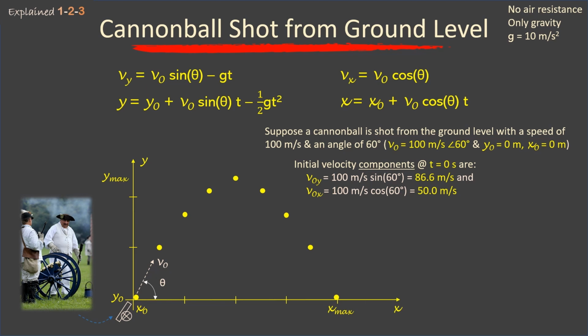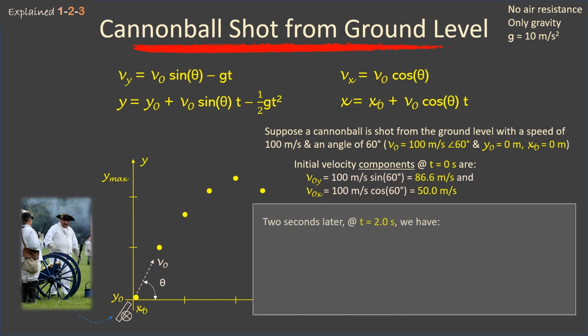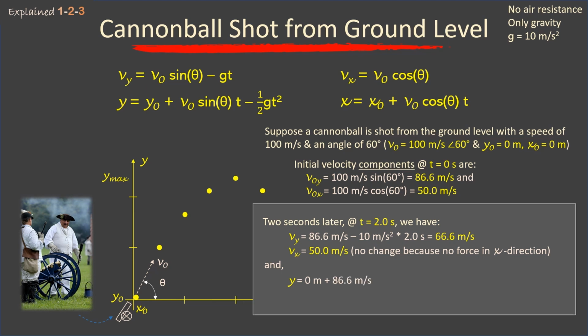As an example, let's try t of 2 seconds. For the y direction velocity, v sub y, at t of 2 seconds, we have the initial y direction velocity, 86.6 meters per second, minus 10 meters per second squared times 2 seconds. This comes to 66.6 meters per second. Note that we use an approximation of 10 meters per second squared for g, just to simplify the math a bit.